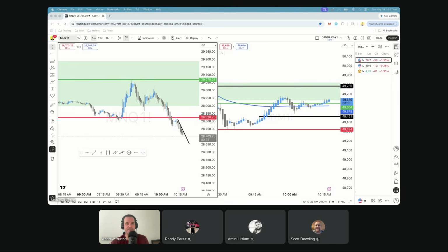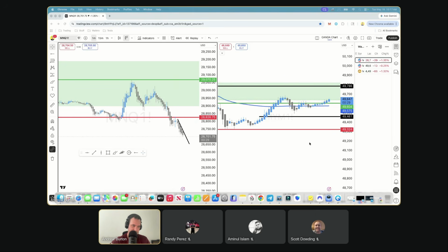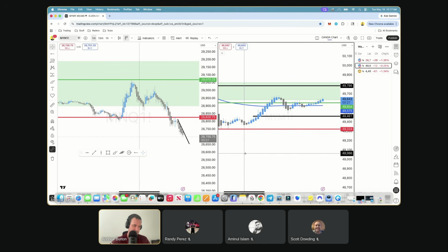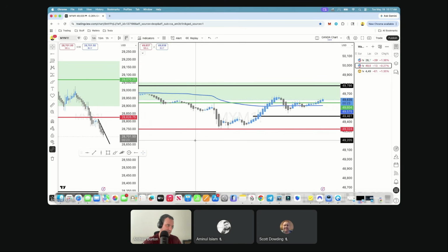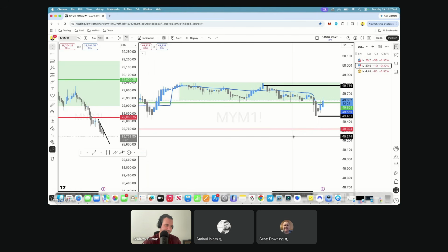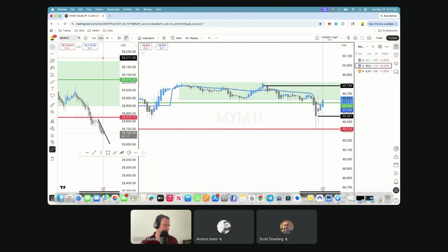Okay, so I'm going to look at the US 30 to see what's going on with it here. There's a lot of sideways action. The US 30 is at a point where it could move up now.